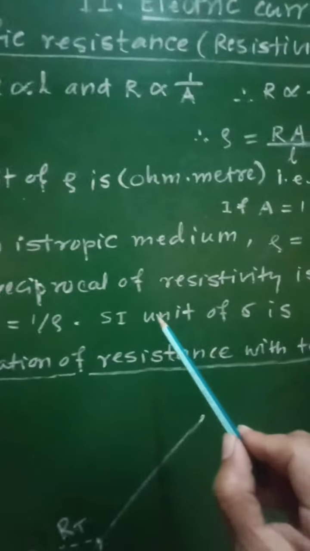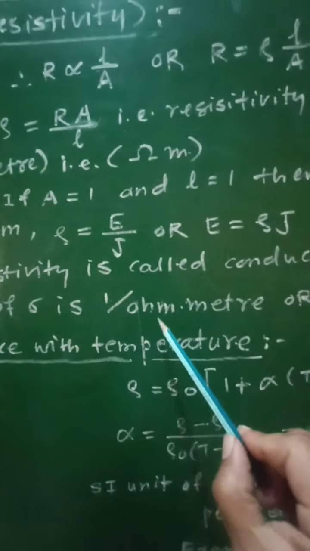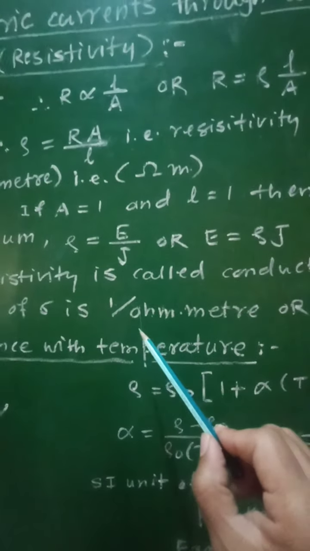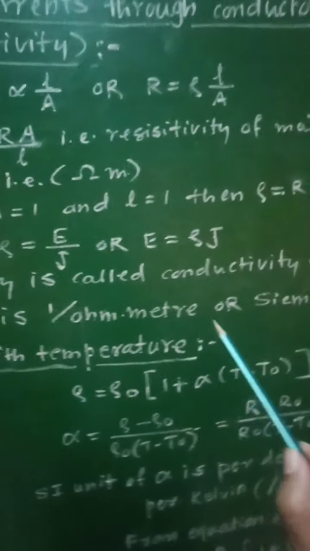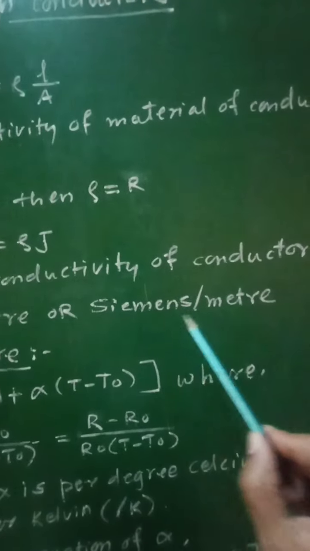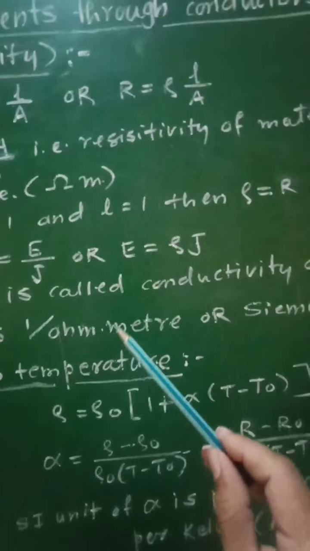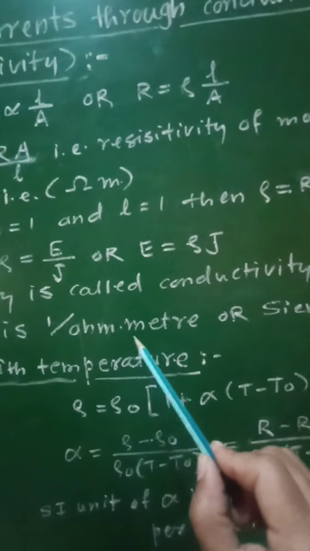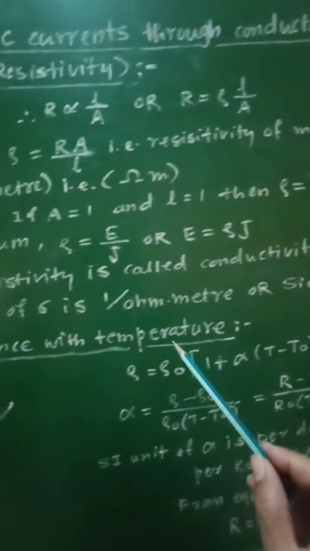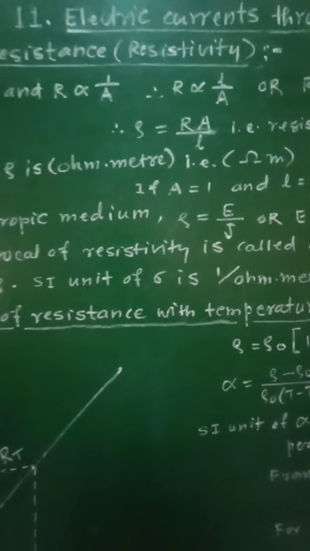The SI unit of sigma is 1 upon ohm meter, the reciprocal of the unit of resistivity, or it is also written as Siemens per meter. So this is regarding specific resistance or resistivity of the material of the conductor.